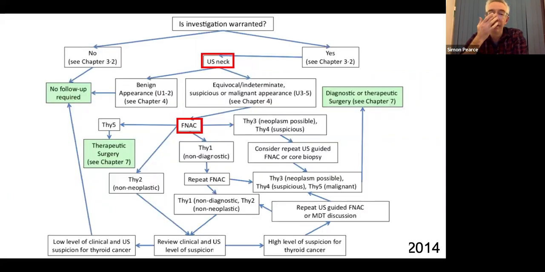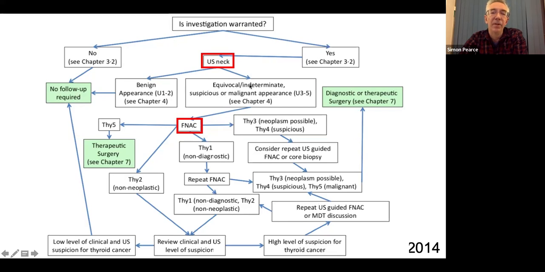So this is, I think, from the British Thyroid Association thyroid nodule guidelines. So you start off at the top, you've got a thyroid nodule. And then you would go for an ultrasound, and if that's a benign looking ultrasound, no follow-up required.